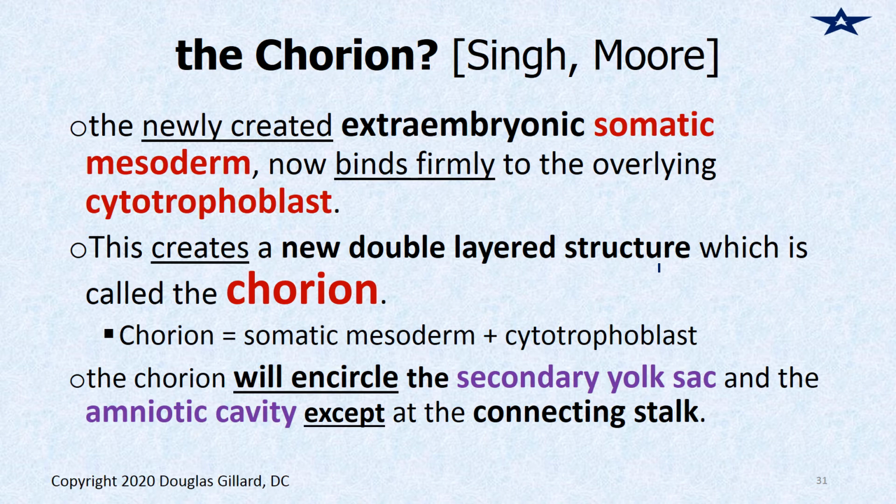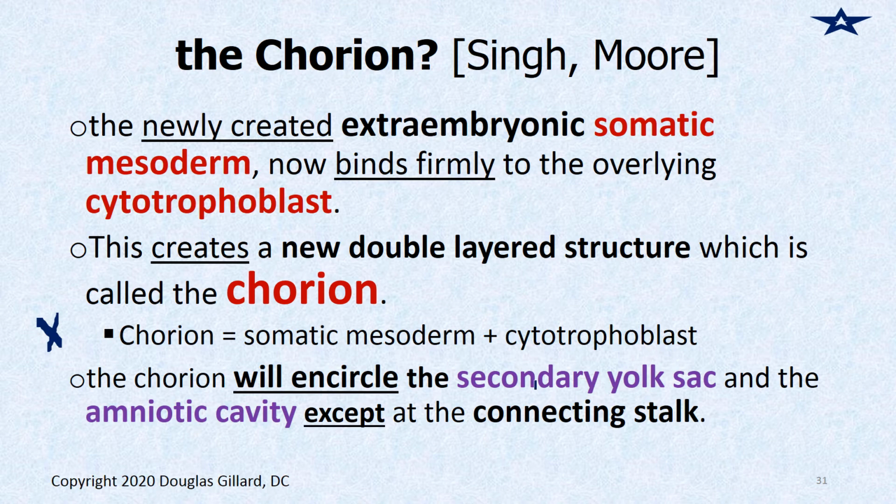So the combination of the extraembryonic somatic mesoderm plus the cytotrophoblast, that gives that double layered structure, is called the chorion. And this releases some really important gene products that will help form the circulatory system here in a minute. So key fact right here, chorion is somatic mesoderm plus cytotrophoblast, that outer layer there.